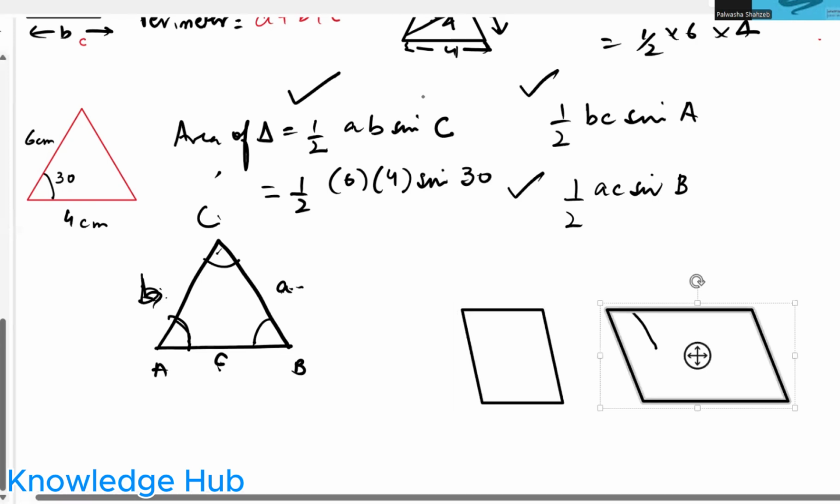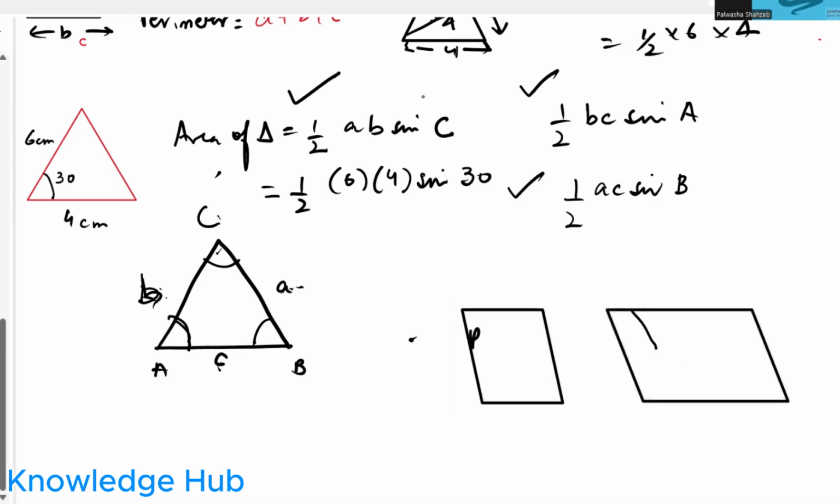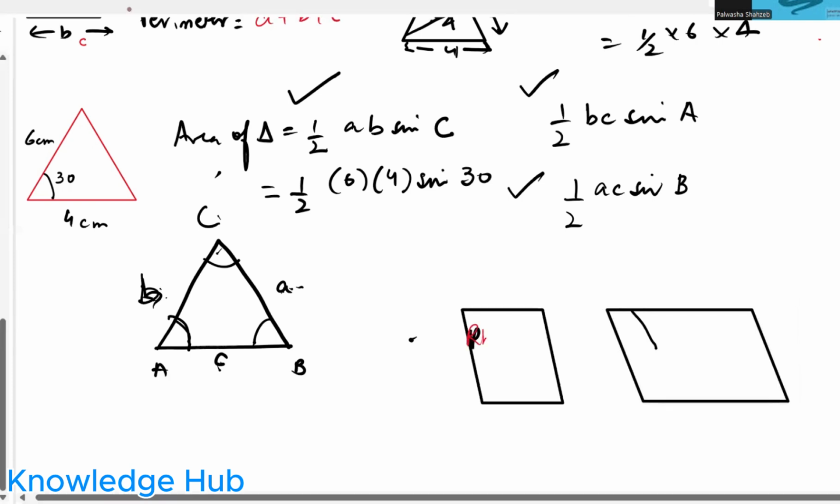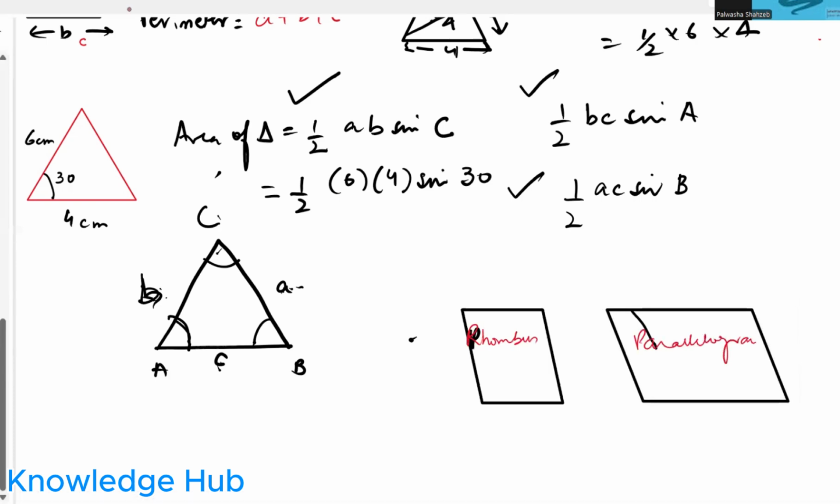So rhombus is basically a tilted square, and parallelogram is basically a tilted rectangle. So this is a rhombus. This is a parallelogram. So rhombus is a tilted square and parallelogram is a tilted rectangle.